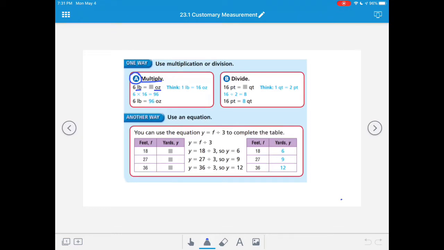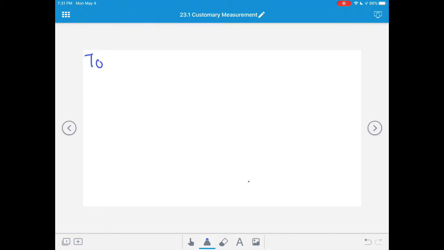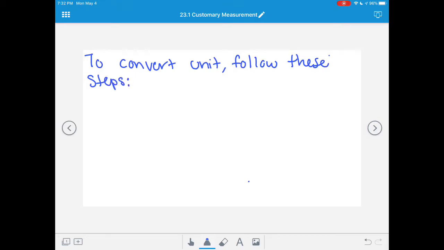So let's make a note for ourselves here. To convert units, follow these steps. So make sure you're writing this down in your journal.